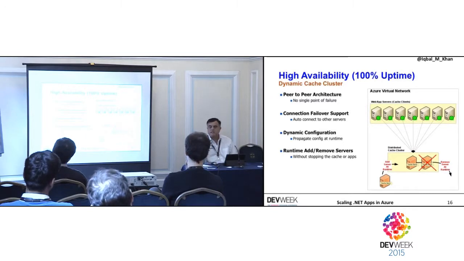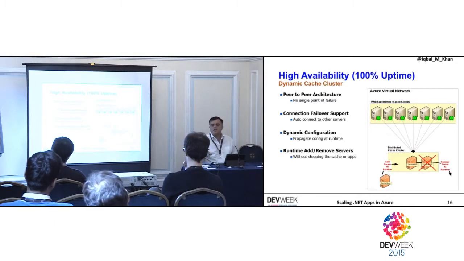That's what I mean by connection failover, is that the software, the cache, should itself know that if a server goes down, everything should continue working. Now, data loss is your choice. If you turn off replication, then even though the application will continue working, it'll lose some data, but nothing stops.